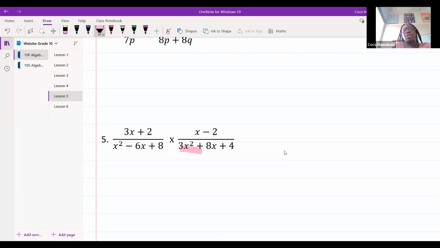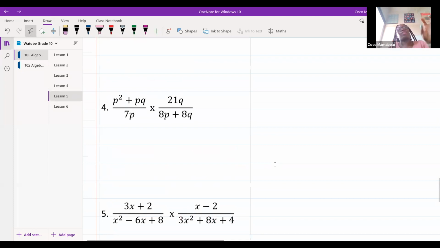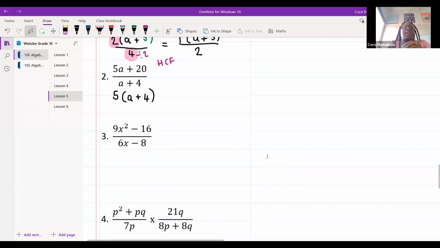You see how over here, this is a trinomial and the coefficient of x squared is not 1. So how am I going to factorize that? What am I going to use? You're going to use the cross method to factorize just that part. Excellent. We're going to continue using it. You'll be factorizing a lot. We're going to be doing a lot of factorizing.